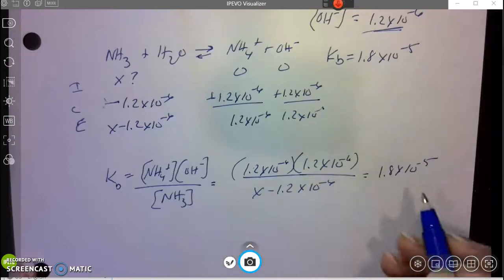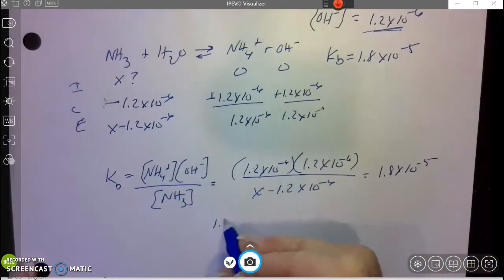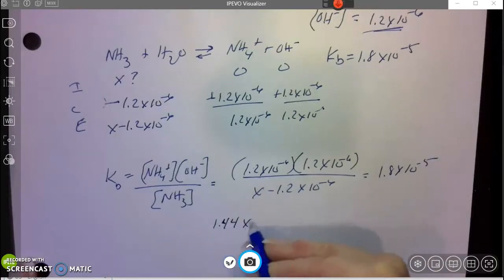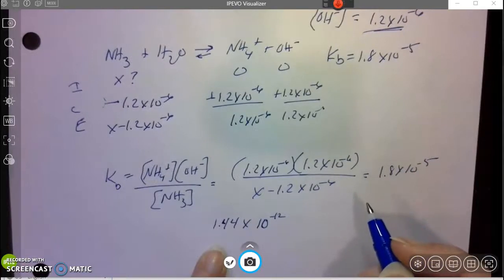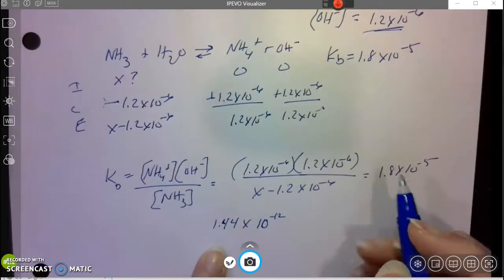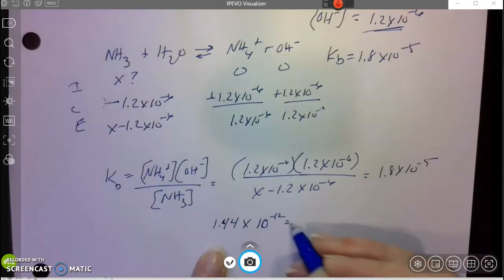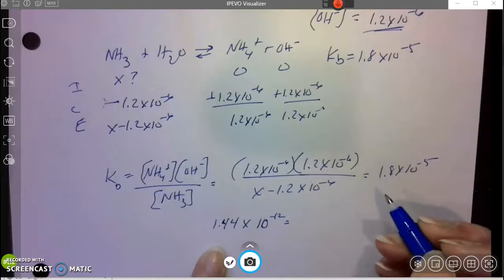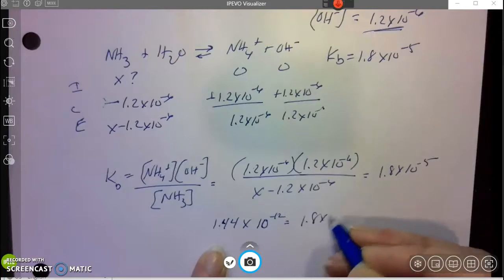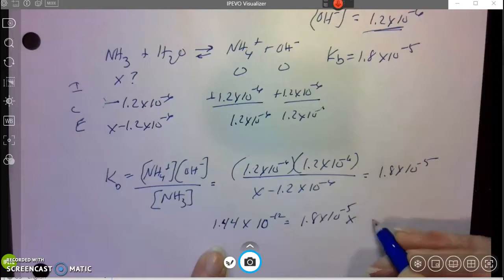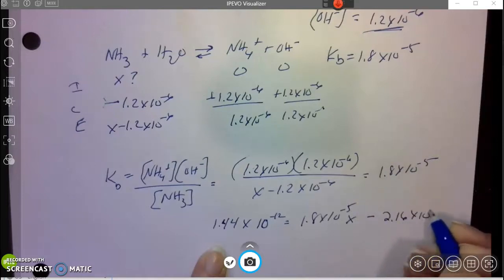You're going to get these two squared, 1.44 times 10 to the negative 12th. And again, that probably is one that you should be able to do in your head. And that is going to equal, just going to cross multiply these, 1.8 times 10 to the negative 5th x minus 2.16 times 10 to the negative 11th.